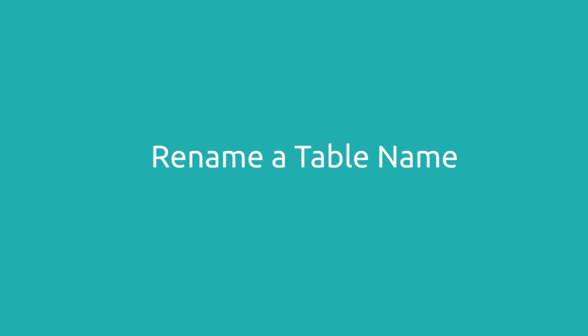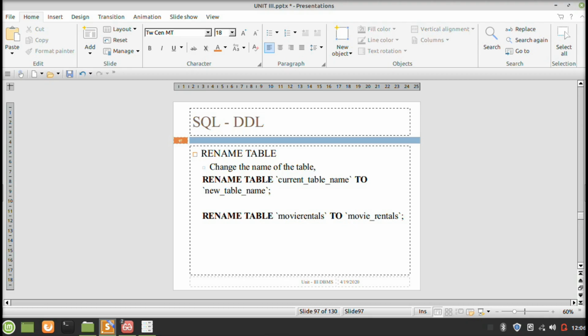The rename is used to change the name of the table. The syntax is rename table current table name to new table name. Rename, table and to are keywords. Suppose I want to change the name of the table, I can give rename table movie rentals to movie underscore rentals.